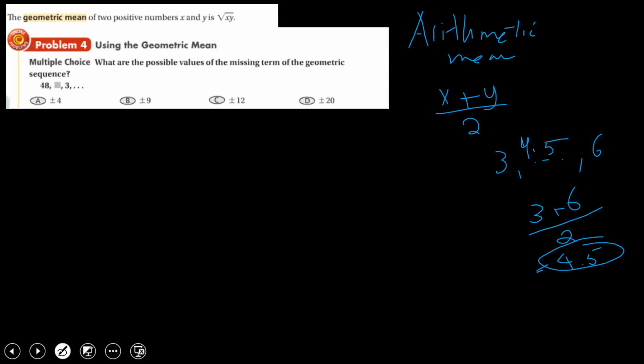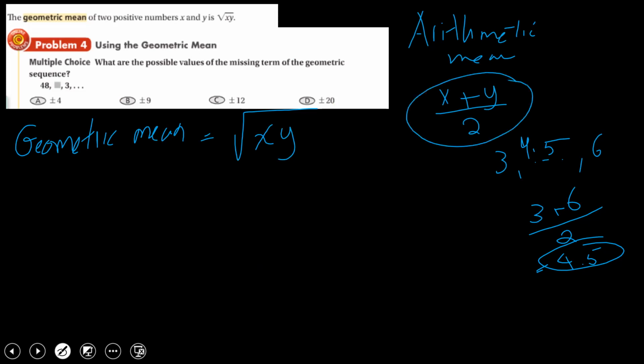But the geometric mean's formula is the square root of x times y. Here it is x plus y over 2, but here I multiply x times y, then take the product under a square root. Let's have an example.